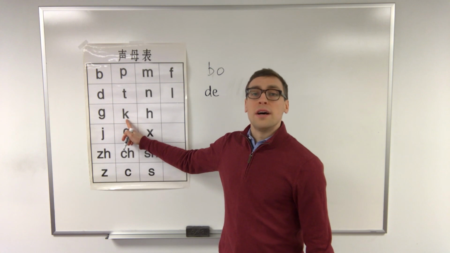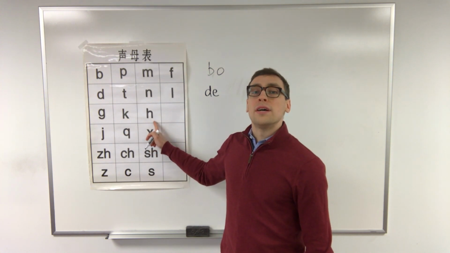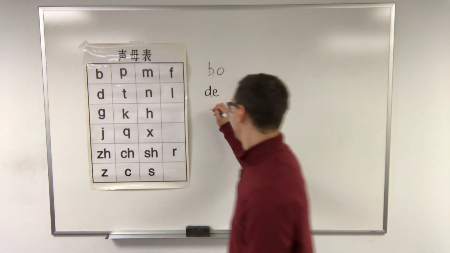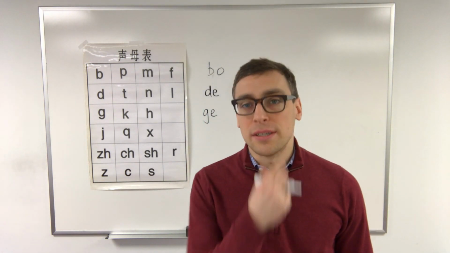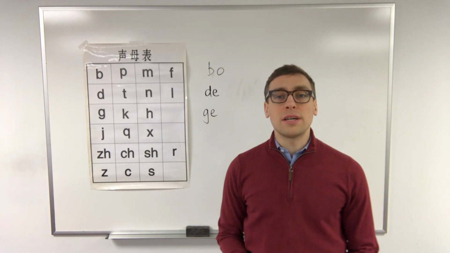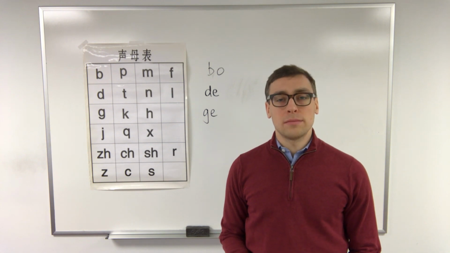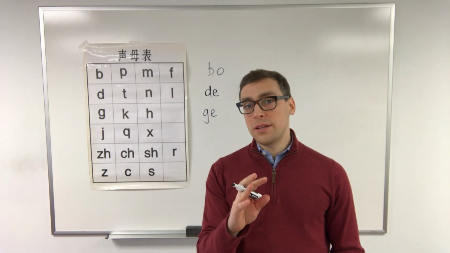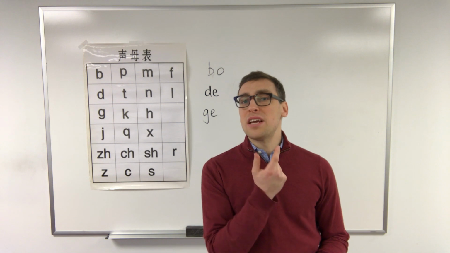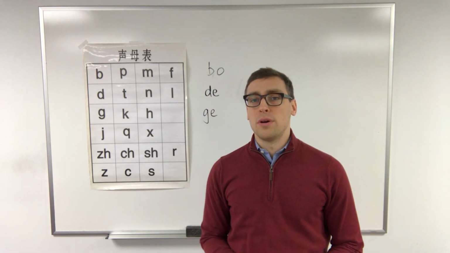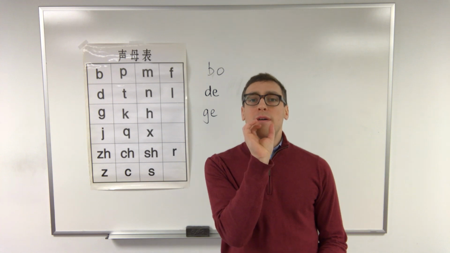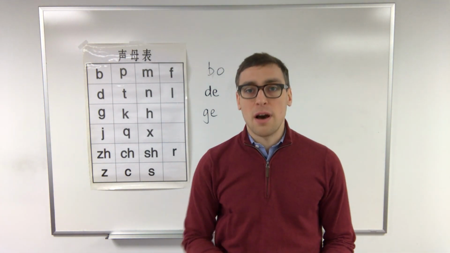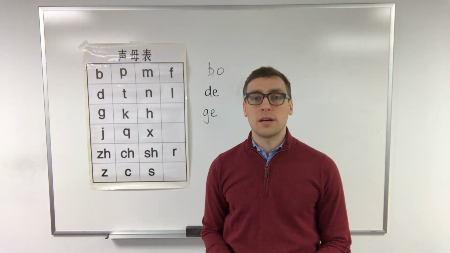歌, 科, 呵. So all of these have that E sound. 歌, 科, 呵. Still very similar to English. It's a little bit farther back though. So for example, our H is produced farther toward the front of your mouth. 呵, 呵, 呵.